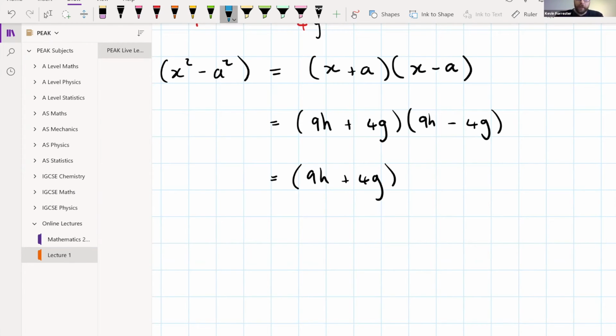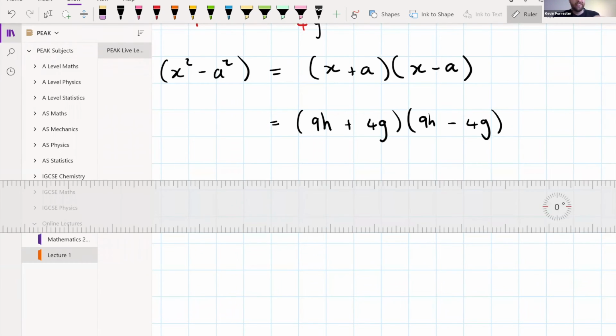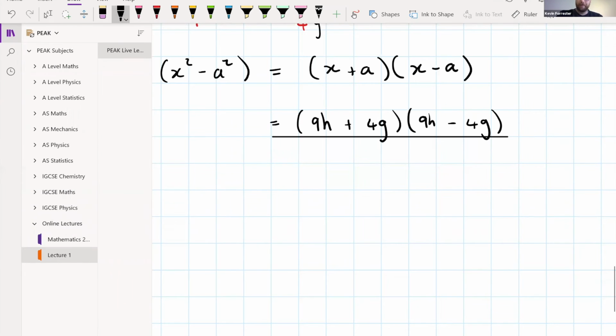But here we have another pair of square numbers. Oh, actually we don't. Oh, that's sad. I got excited. It's because we don't have h squared, so we can't do it. But we did have 9 and 4, which are square numbers. And so if we had h squared and g squared, we could have done difference of two squares again. So in fact, we have fully factorized. I jumped the gun.